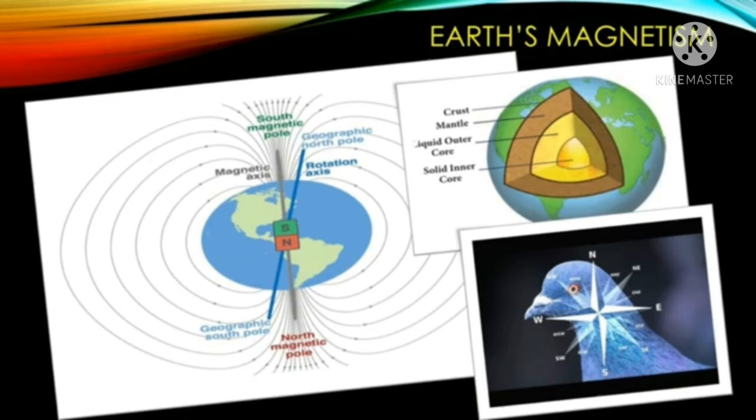The magnetic axis and the geographical axis do not coincide with each other. The magnetic axis of the Earth is inclined at an angle of about 10 degrees to 15 degrees with the geographical axis. The exact cause of the Earth's magnetism is not known even today.